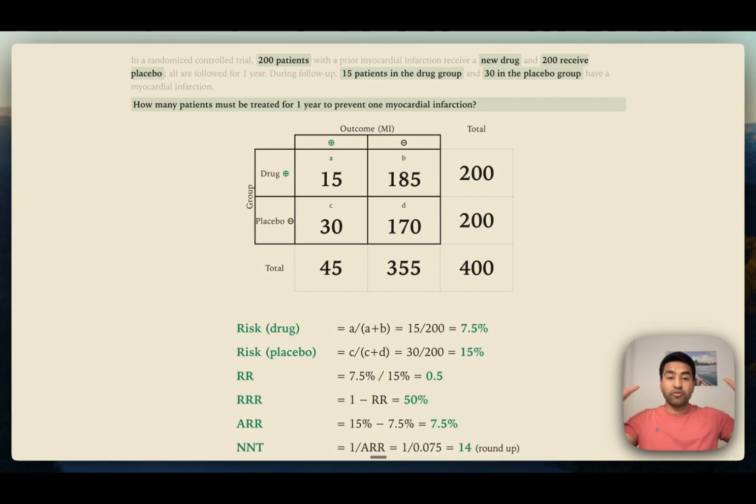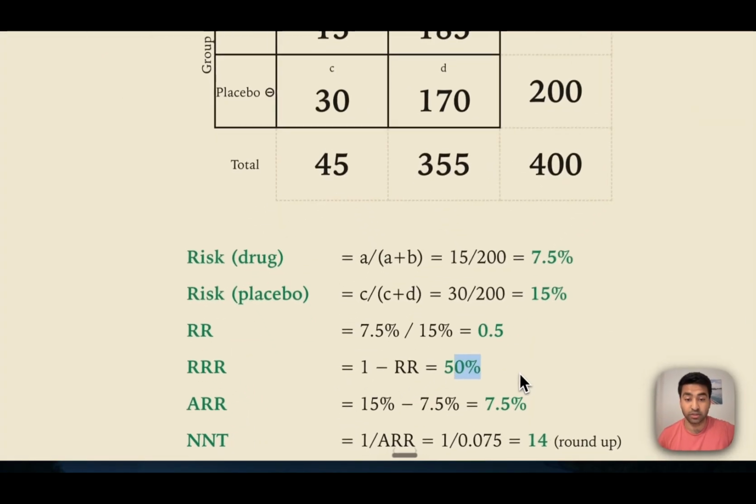Because imagine before you had a 100% chance of risk. What you should always think about is this 1 is actually a 100% chance. So if I'm in the placebo group, I have a 100% chance risk of having an MI. If I were to take the new medication, it would drop my risk by 30. My relative risk reduction would be 0.7 or 70%.